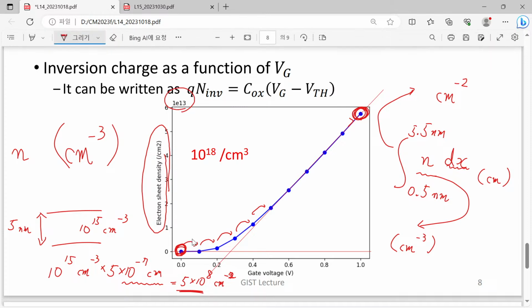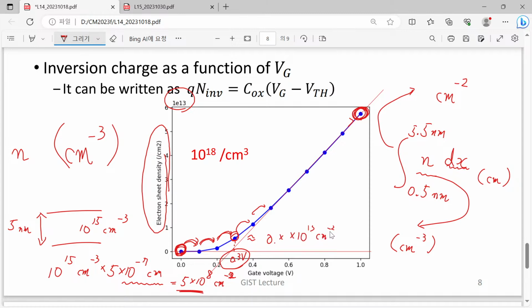However, now you can easily understand that after some voltage, for example, if you apply 0.3 volt, then you get noticeable values, which correspond to around 0 point something times 10 to the 13 per square centimeter.